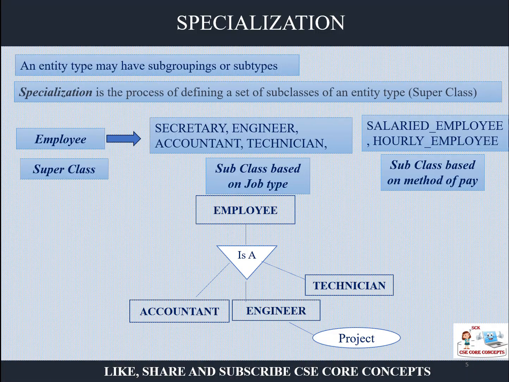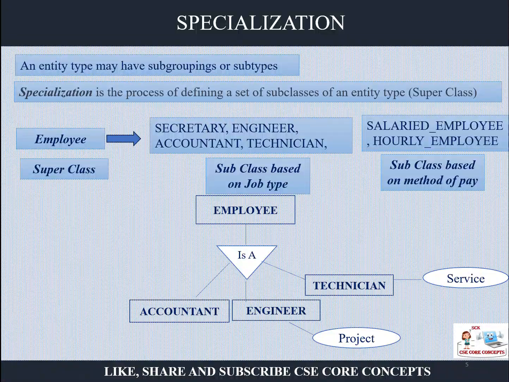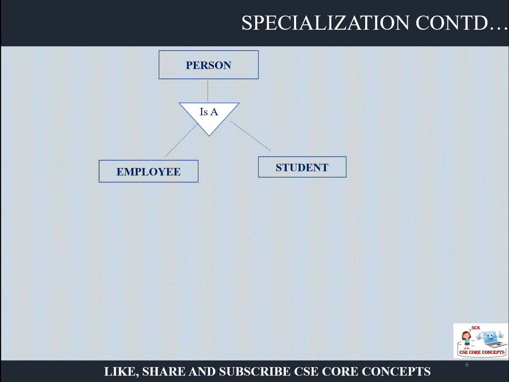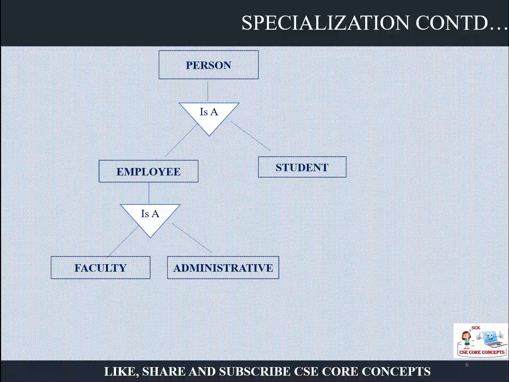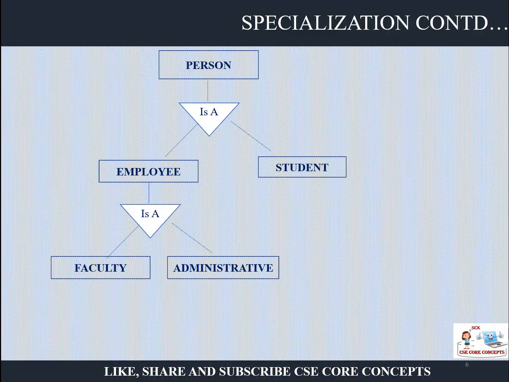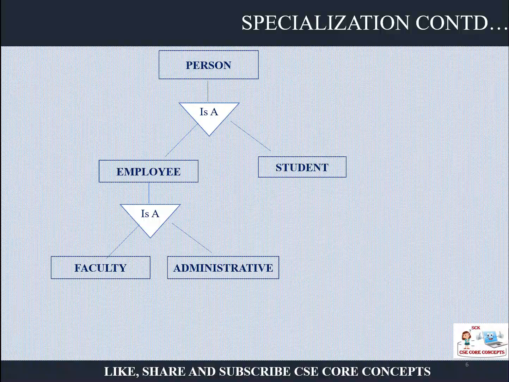And then you can have the attributes associated with them, that is, engineer has projects, technician has service. Okay, so what type of service this technician is providing, plumbing service or electrical service or mechanical service, that you can mention. Okay, similarly, a person is either an employee or a student in a university. Okay, he can be a teacher, he can be non-teaching, or he can be a student, right? So an employee can be either a faculty or an administrative staff.